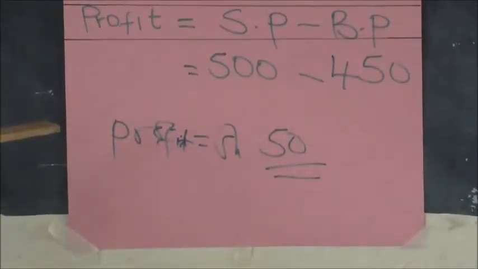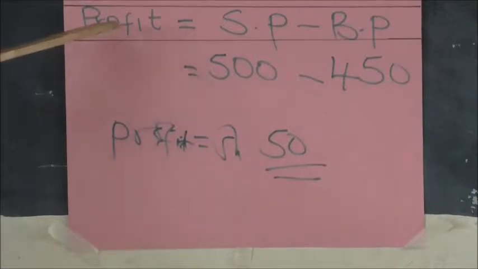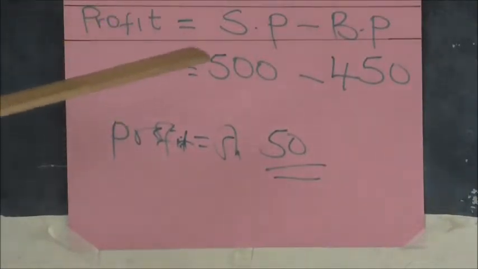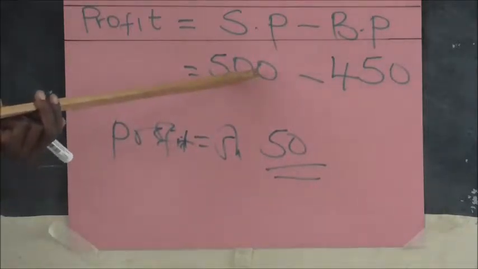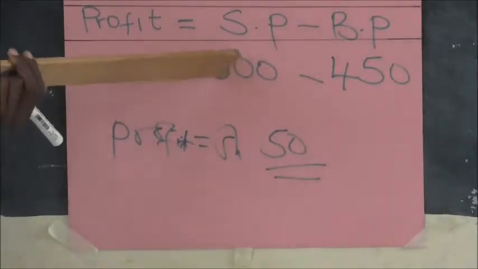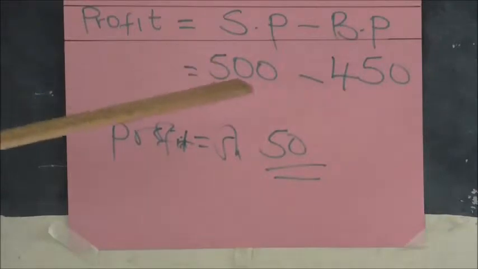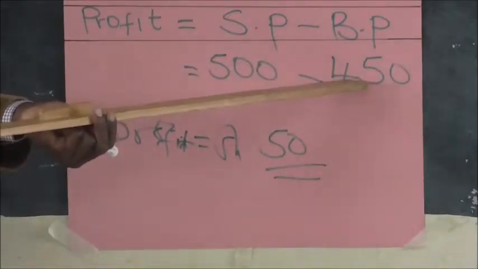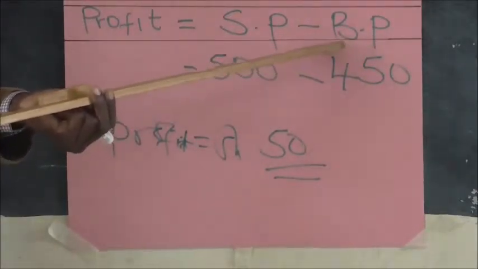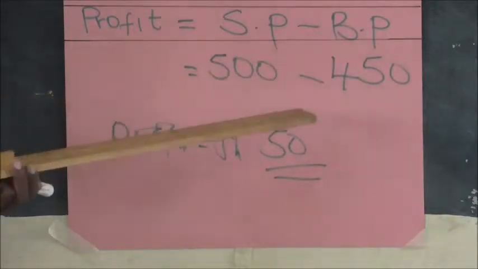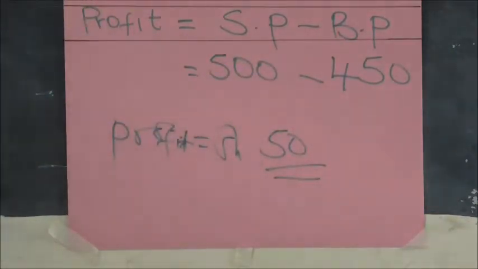So class, anytime you'll be asked to work out the profit made in shillings, the first thing you need to identify is the selling price. That is the price at which an item was sold. Then two, you need to identify the buying price. That is the price at which an item was bought. Then once you are able to identify the two, write your formula.